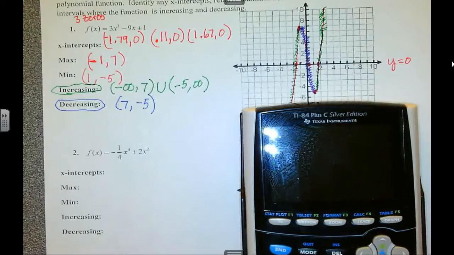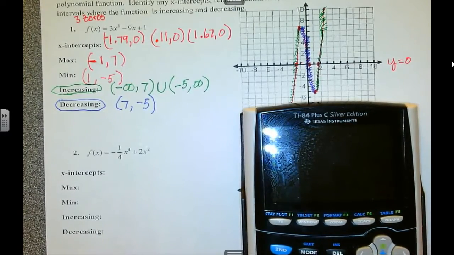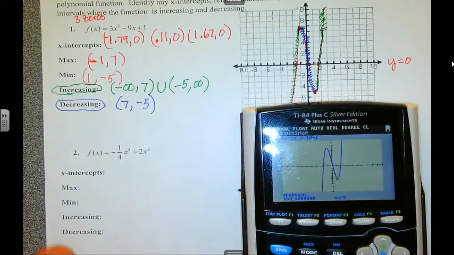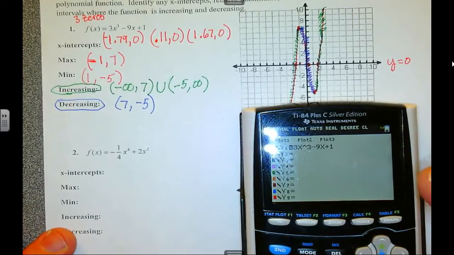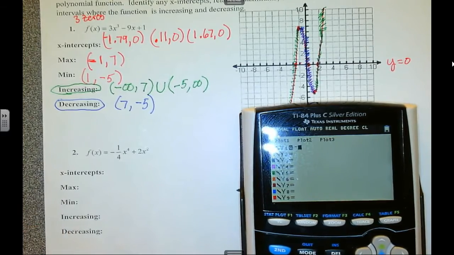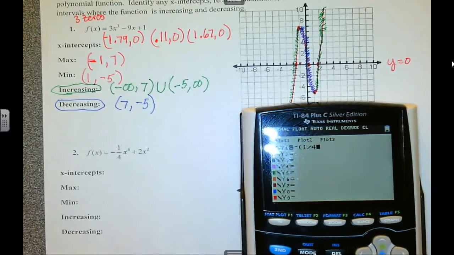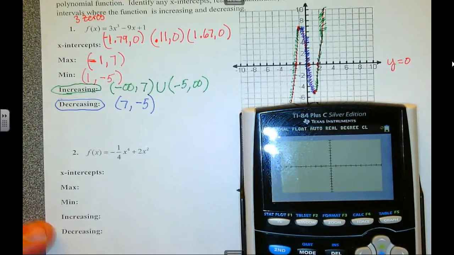You're going to have to do this on the quiz next Wednesday. Negative 1/4 x raised to the 4th plus 2x squared. Graph that sucker.